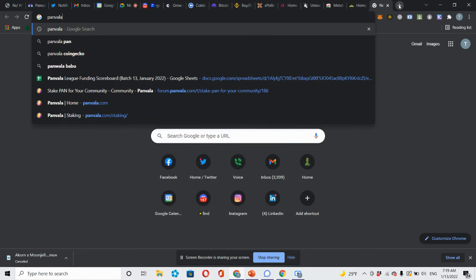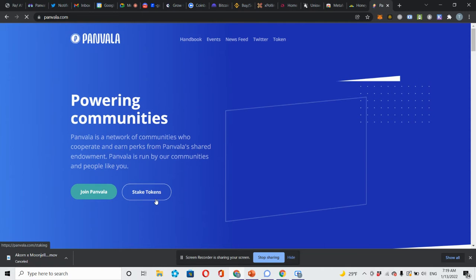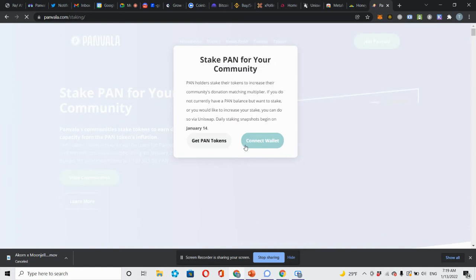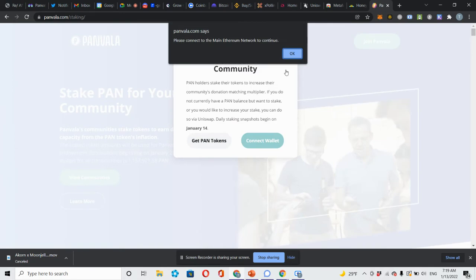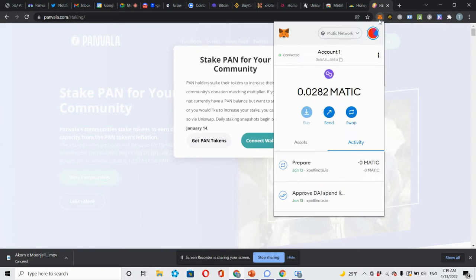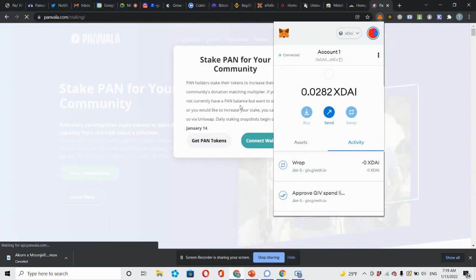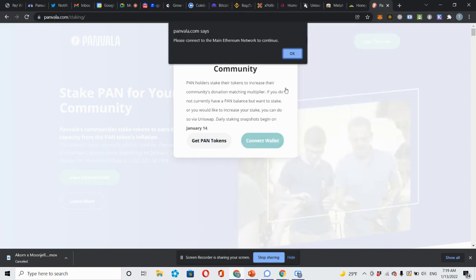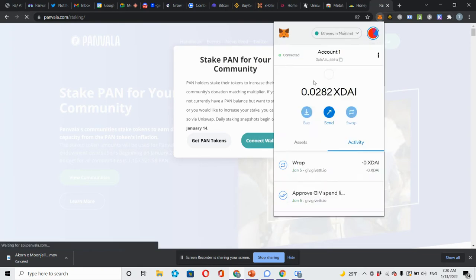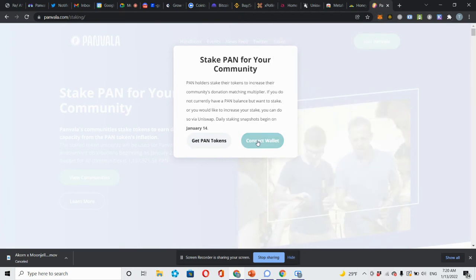So there's the Panvala website, and we say stake tokens. And we're trying to get the token staked on XDAI because that has a lot less gas fees than main Ethereum network. But this is not allowing us to continue on XDAI. So we'll just have to switch to Ethereum and connect wallet.